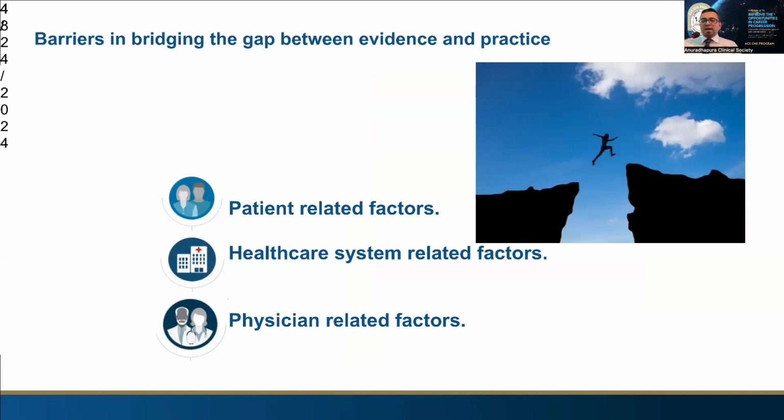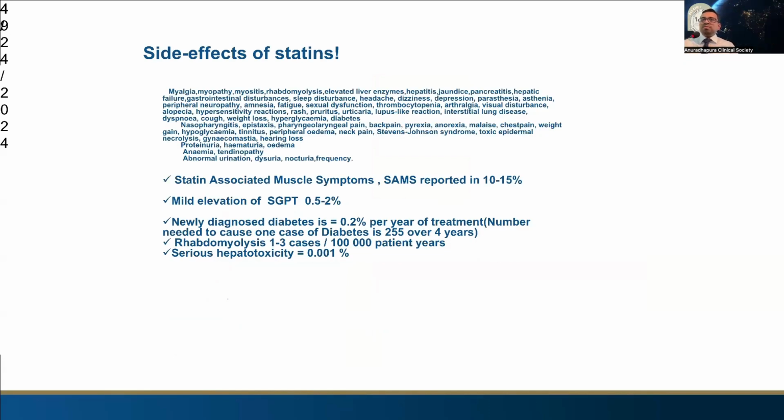So why is there this gap? Because of patient related factors, healthcare related issues, and sometimes physician related factors. On the patient side, most of the time they feel some side effects, basically muscle symptoms and increased levels of transaminases. And the patients also have a fear of having diabetes, especially with rosuvastatin.